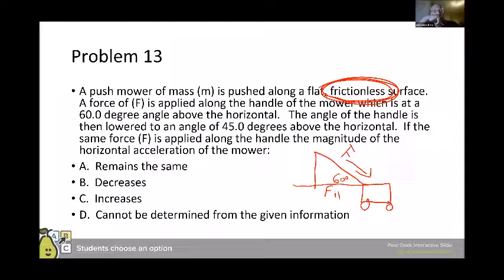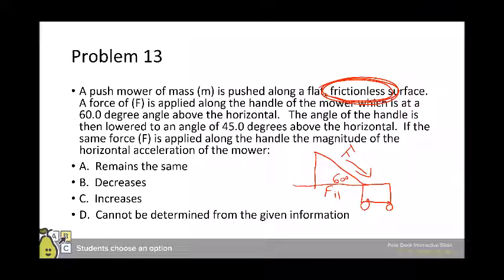So what's going to happen when we lower that angle, guys? If this goes from 60 down to 45, when it's a 60-degree angle, a lot of that force is acting which way?